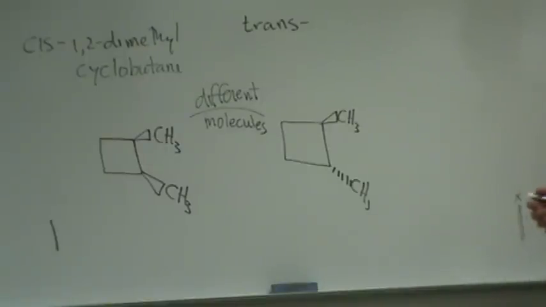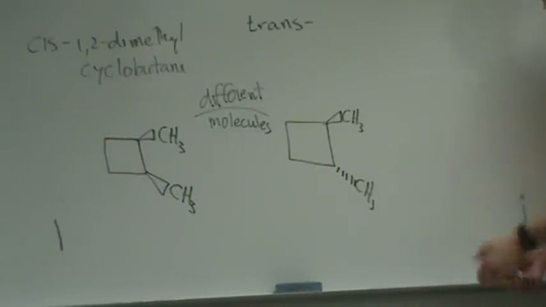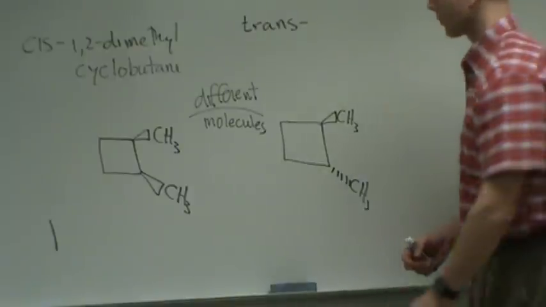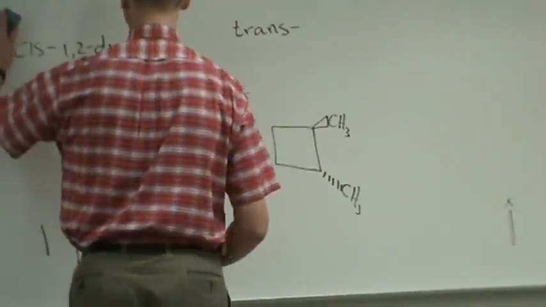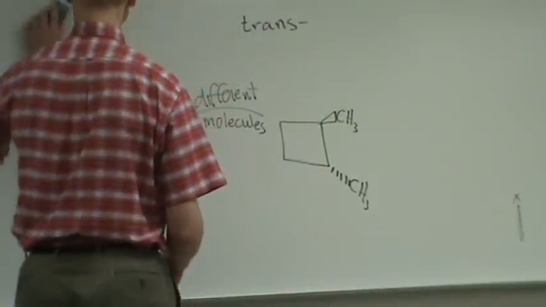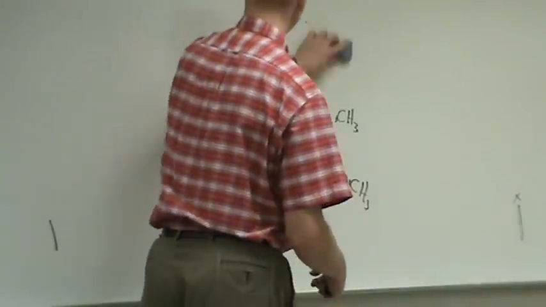So we can do this cis-trans. We'll typically stay with the dashes and wedges to show this kind of thing. We can show this on other molecules, for example cyclohexane.